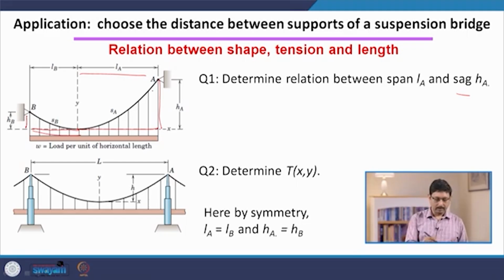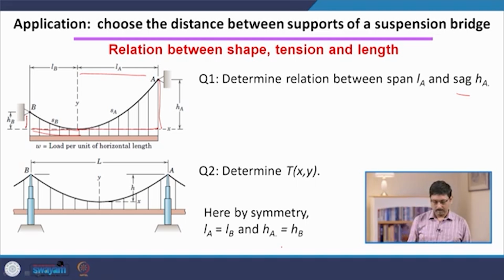Now the question is, the length of the cable is given, then what will be the distance between A and B. In general, to answer this sort of question, what we require is a relation between the span and the sag.